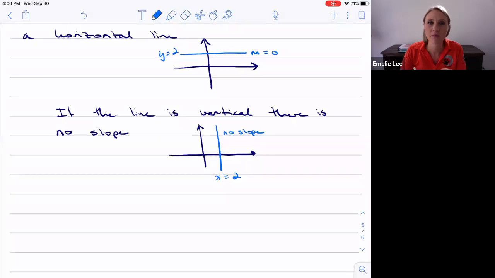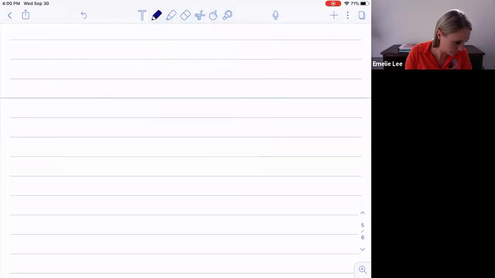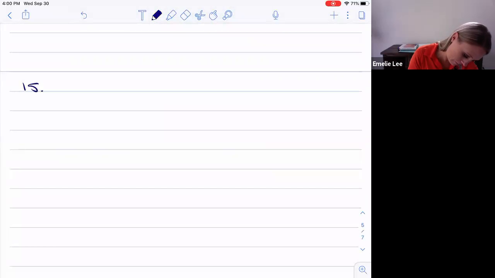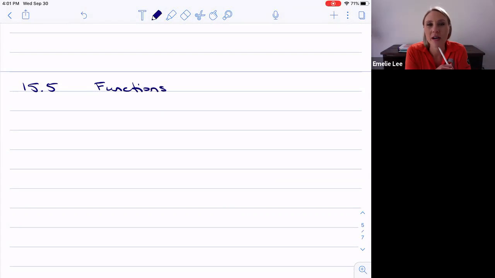Any questions before we start 15.5? Start on a fresh page here. 15.5 is really just introducing functions, and then after the test we're going to talk about one-to-one and onto functions, as well as the inverse and the composition of functions.